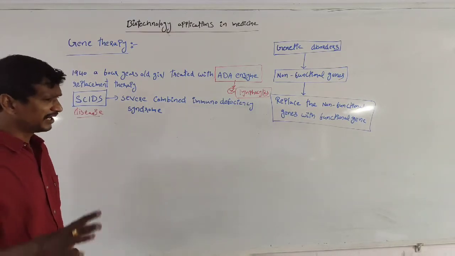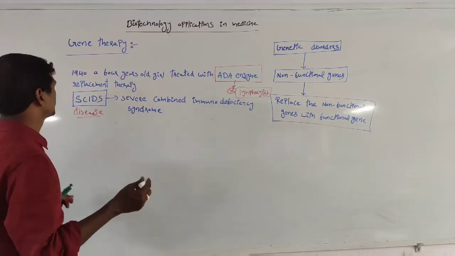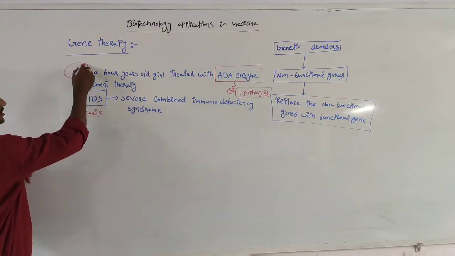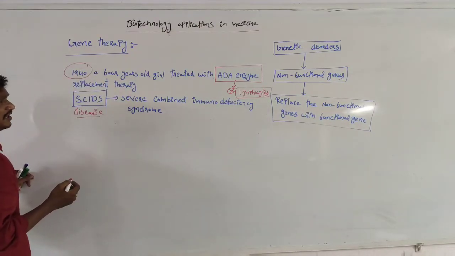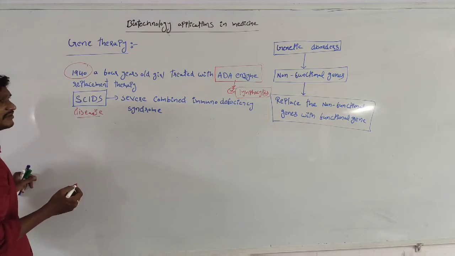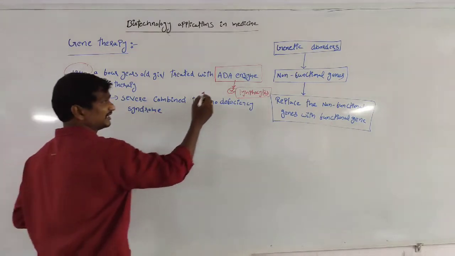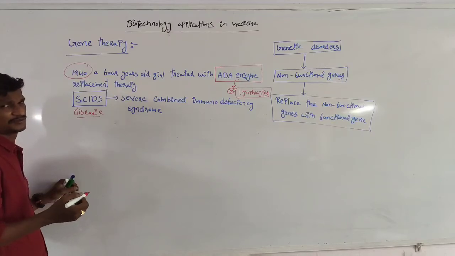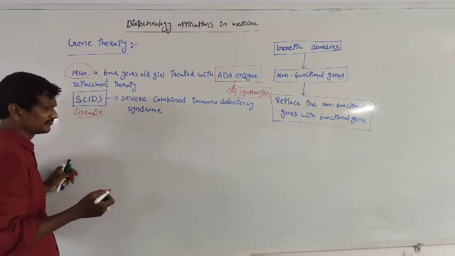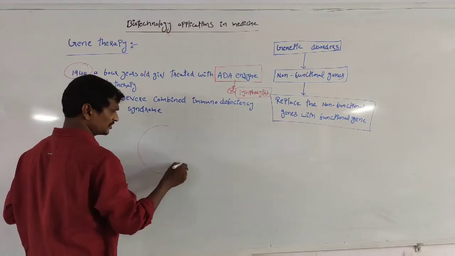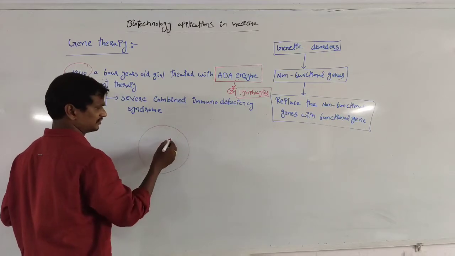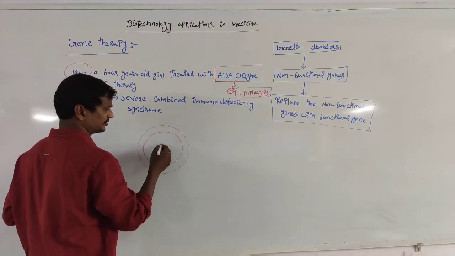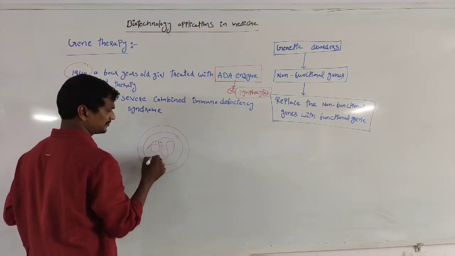By the usage of gene therapy in 1990, a 4-year-old girl was treated with the ADA enzyme producing gene. Very simple. This is the cell, this is the nucleus, and this is the DNA.